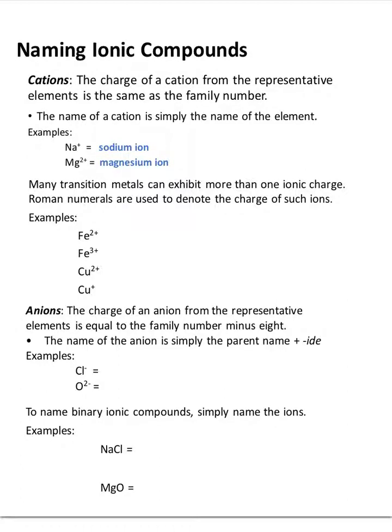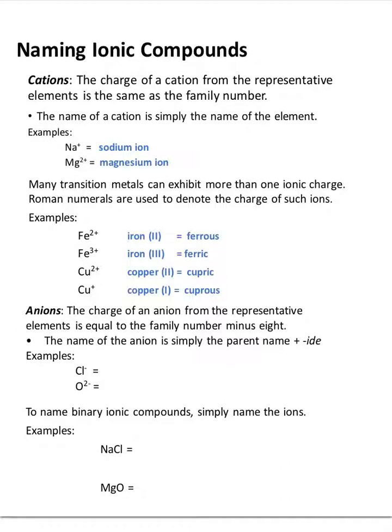Now, sometimes we have those metals or cations that fall in that center block, which are the ones that have funny names. Typically with transition metals, the things in that d block, we note the ion charge by including Roman numerals.